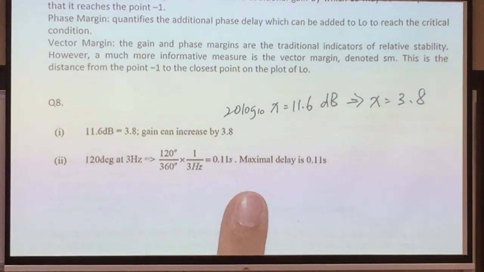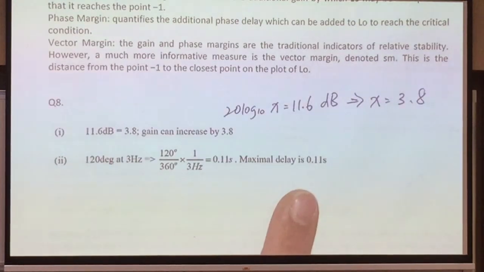The maximum delay you can add to the closed loop system before it becomes unstable is 0.11 seconds. Of course, if this is going to come up in an exam, the numbers will be exactly the same, but the method is this. Okay, so let's start with the log.